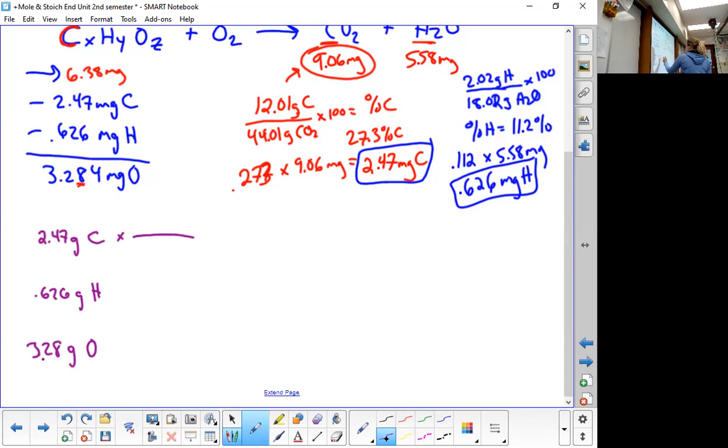And then from there, I'm going to get to moles. So how many relative particles would I have of each? Doing the molar masses here of the atoms.